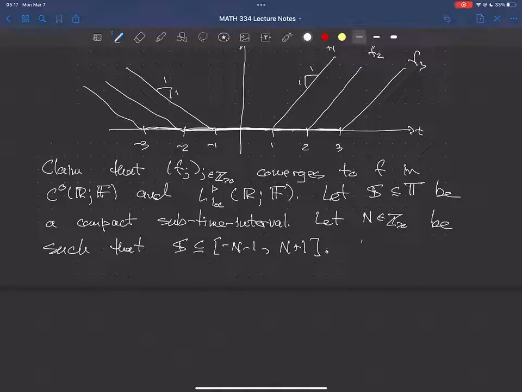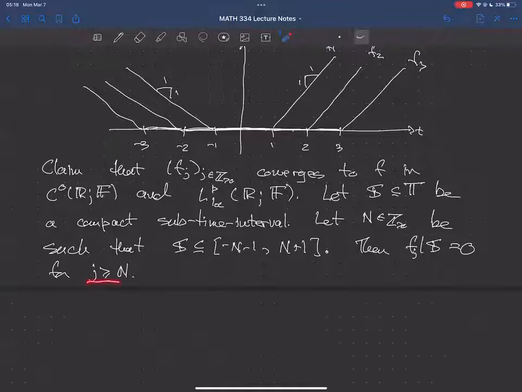Okay, so then certainly I have f_j restricted to S is equal to 0 for j greater than or equal to n. Right, because these functions f_j are 0 from minus j to j, and so if j is larger than n, then my time domain obviously contains minus n to n.